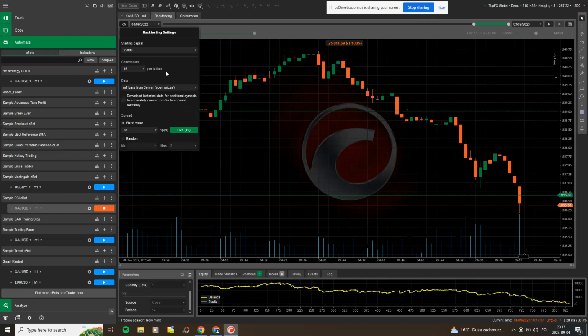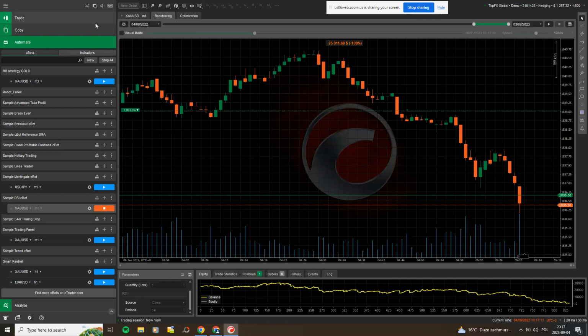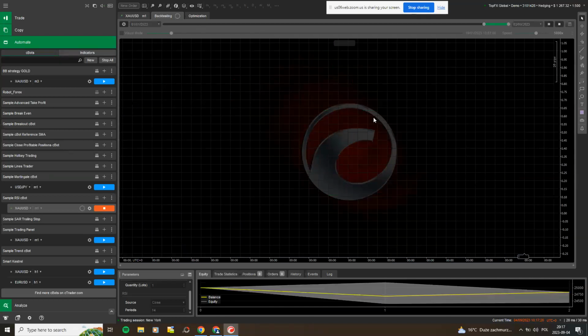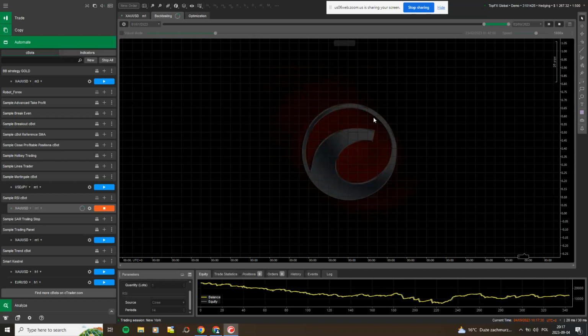What else can we do with that fixed value? Let's test it from the beginning of the year. Now, one lot, source is close, period is 14. Let's see what is going on here.